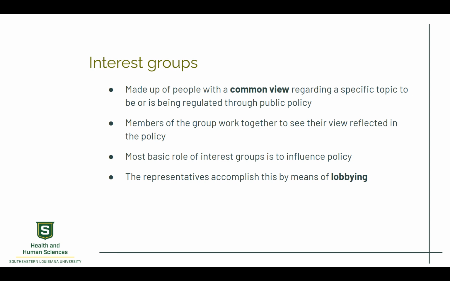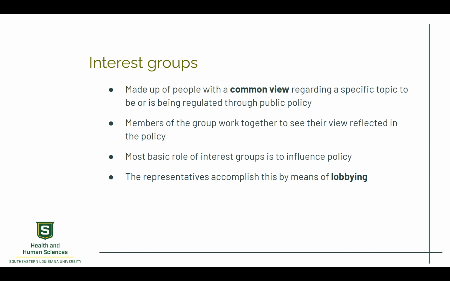I'm not going to focus a lot on lobbying in terms of describing it, but just know that special interest groups push through lobbying for the things that benefit them, or are not going to be at their detriment.